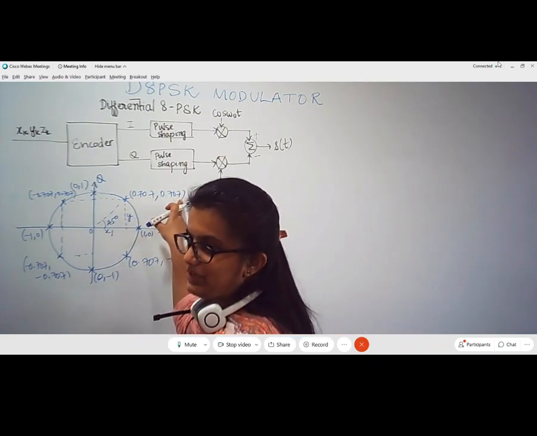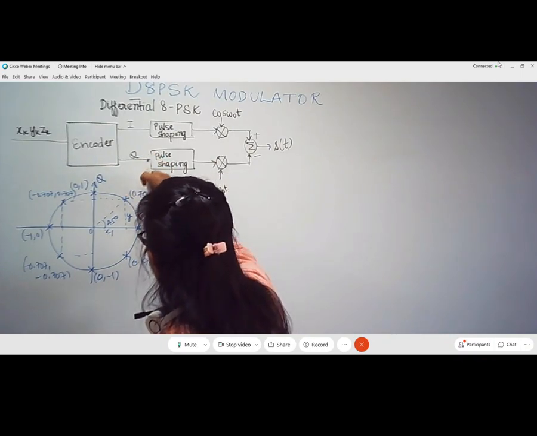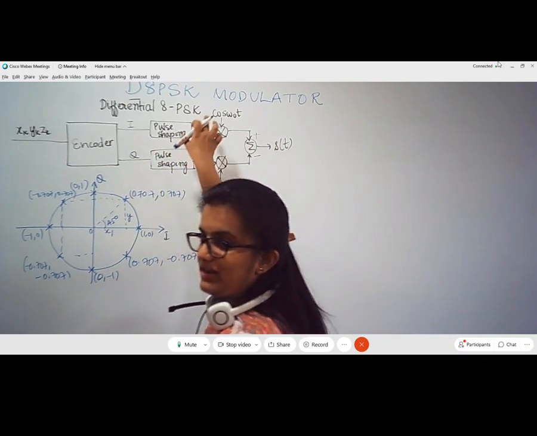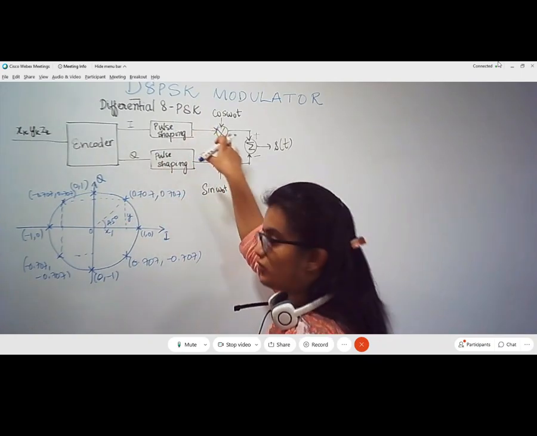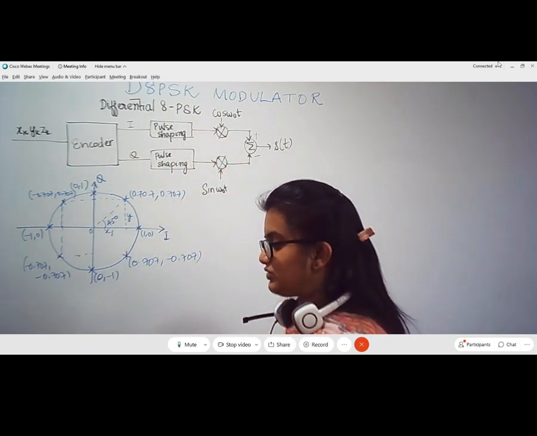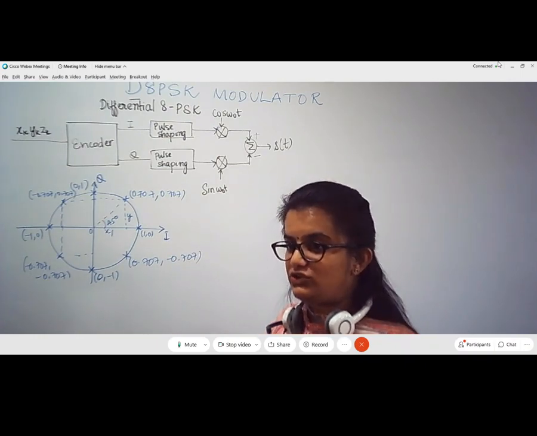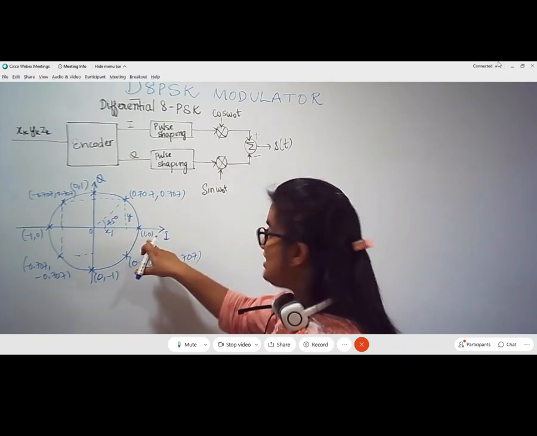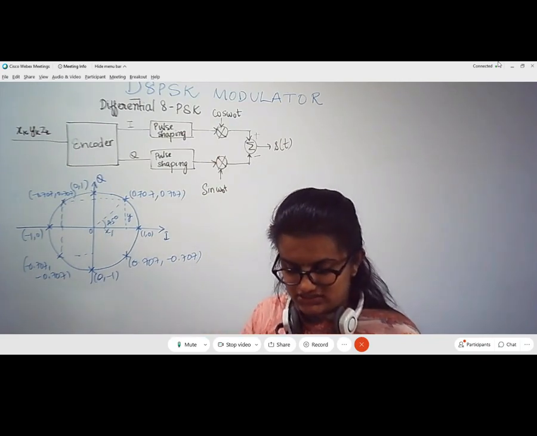Once we get their amplitudes, we are just going to take the value of I and Q, multiply the I value with the cosine function and the Q value with the sine function. But while doing so, we need to first assign where my bit combinations arise.